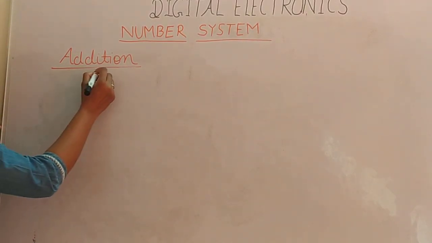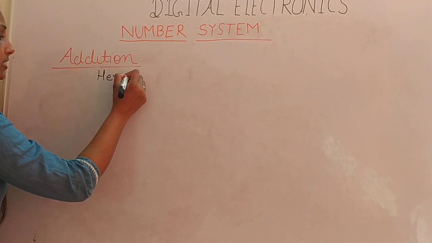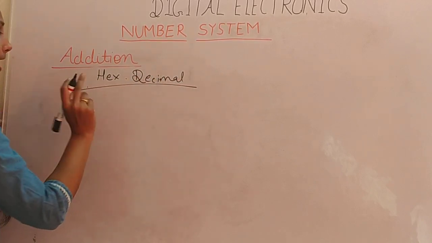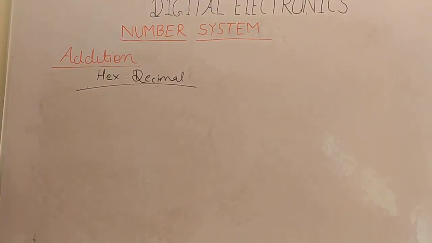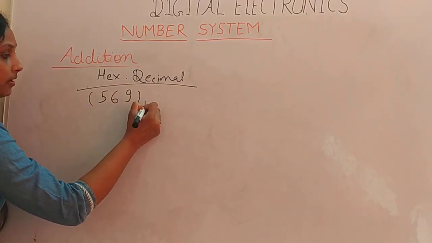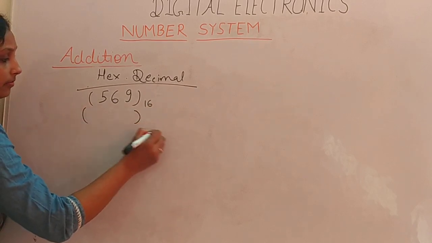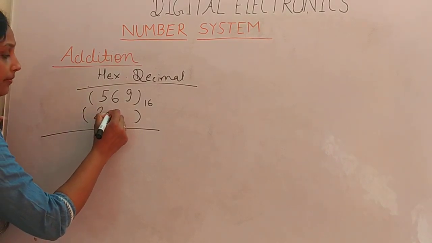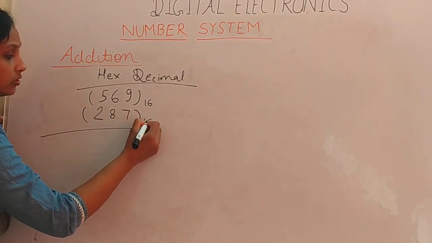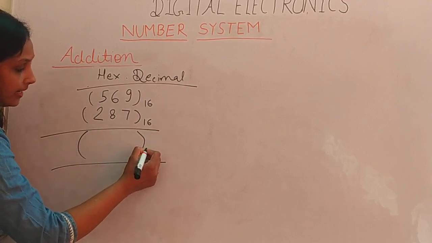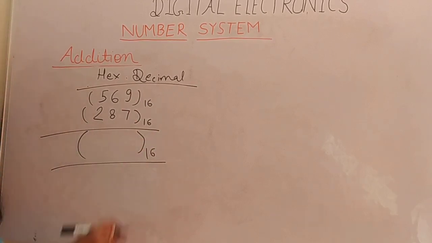So in the hexadecimal number system, if we want to add 569, which is a hexadecimal number, with 287, which is also a hexadecimal number, we want the answer in hexadecimal.